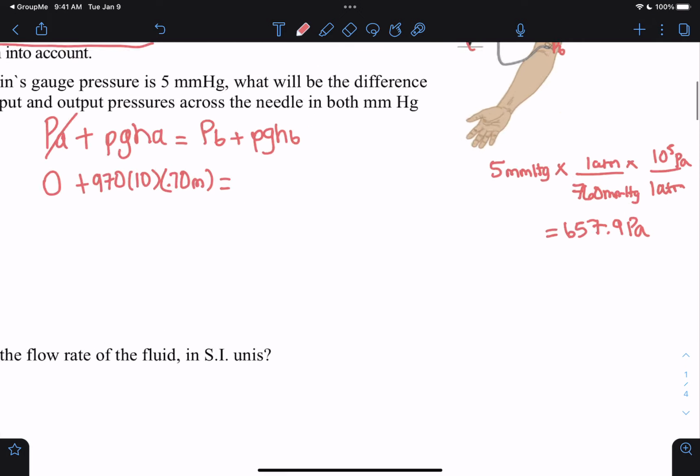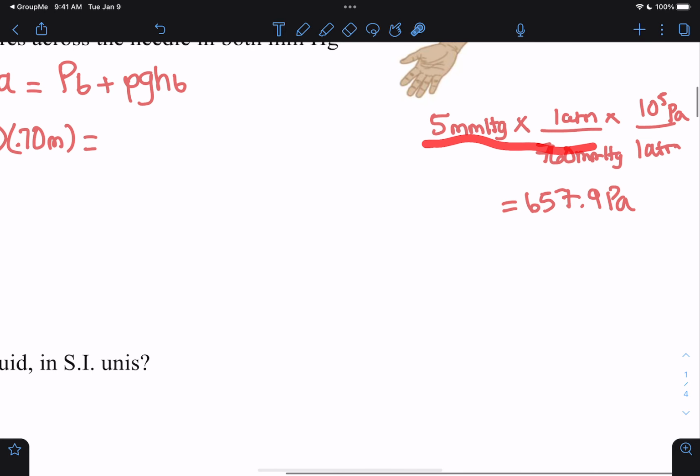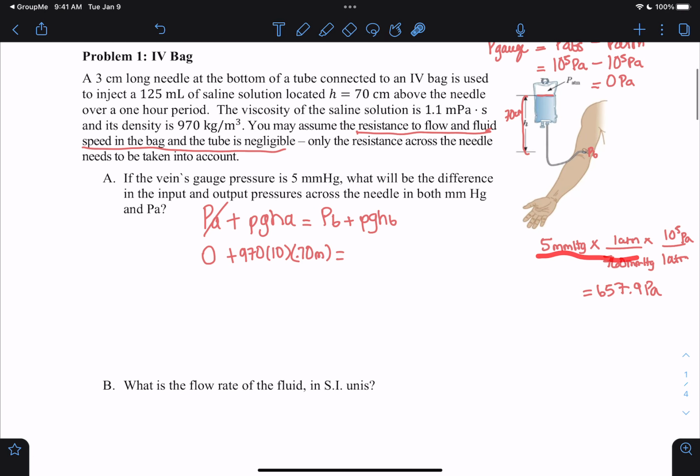So this 5 millimeters of mercury is not the pressure that we use here at the bottom. My bad. However, it is the final pressure, right, when you're figuring out your change in pressure. So our change in pressure is going to be equal to PF minus PI, right?